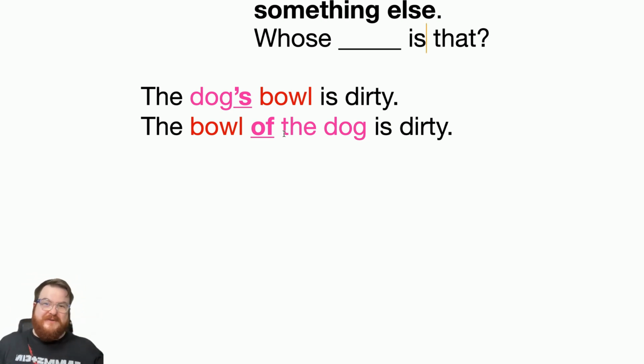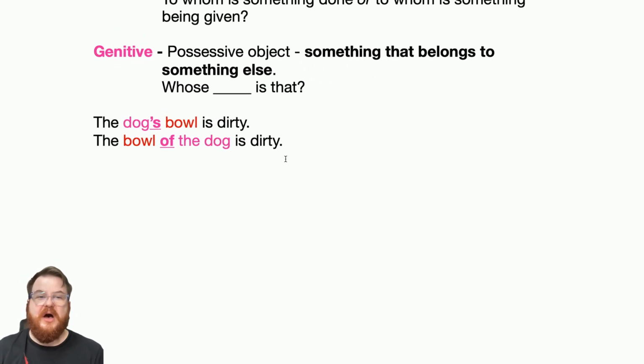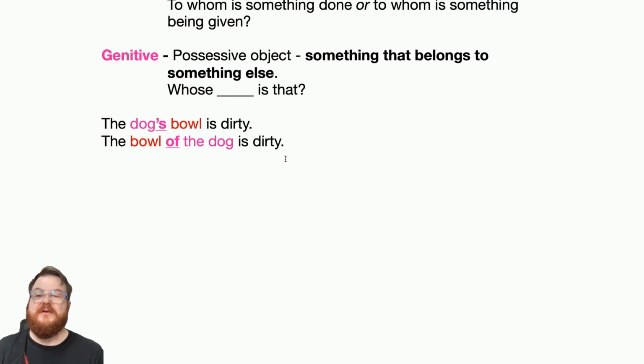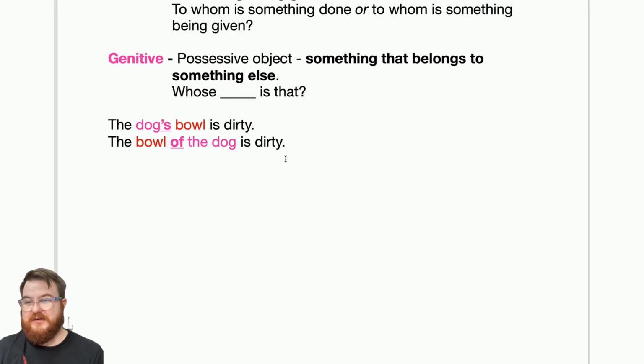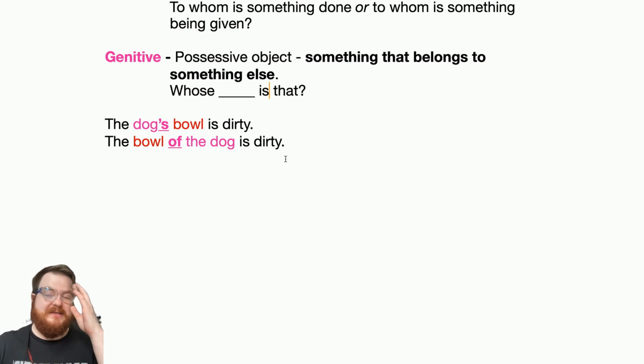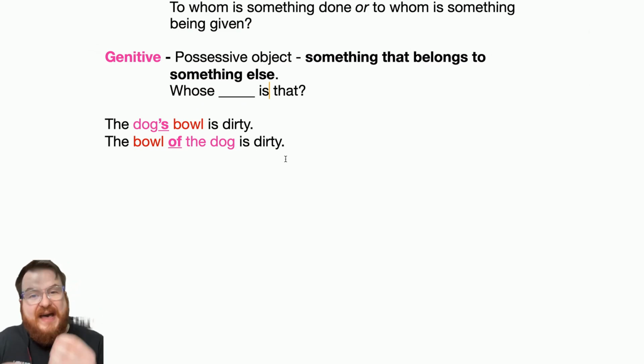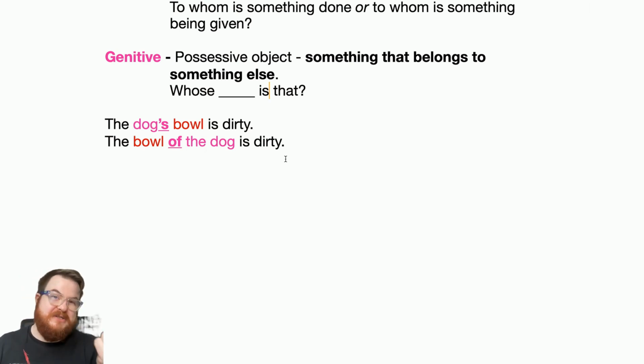Anything that's like apostrophe S with two nouns jammed together, or two nouns jammed together with the word of in between, that's the genitive. That's it. Now, the reason why I say the second one, the bowl of the dog in our example sentence, is more useful is because that is the word order of the German sentence.